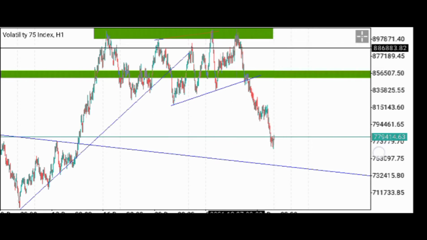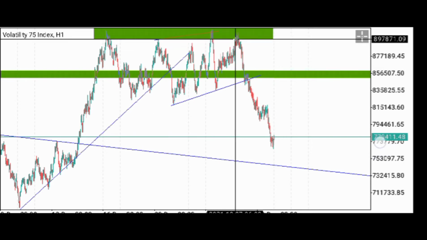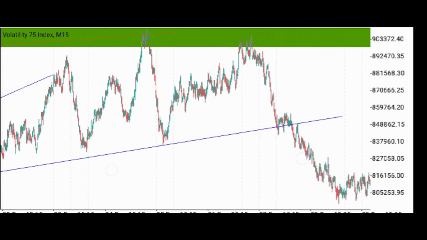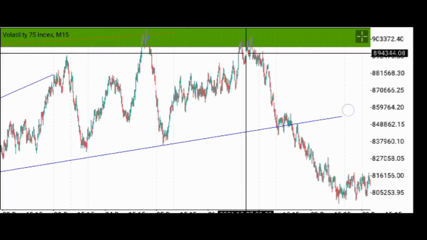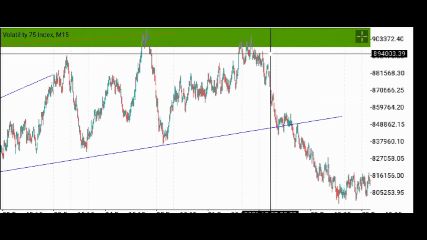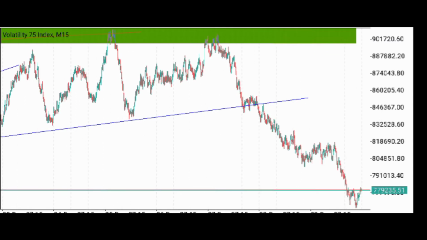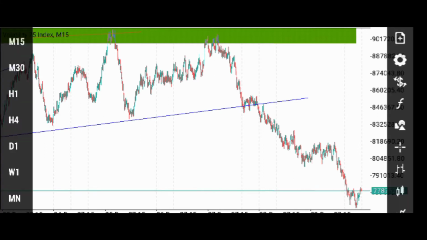So this third touch, you also have to take advantage of, because it shows us that area has power. As you can see there, we had a double top. So when you have a double top, you have two confirmations: a third test on the current supply and demand area, and a double top.